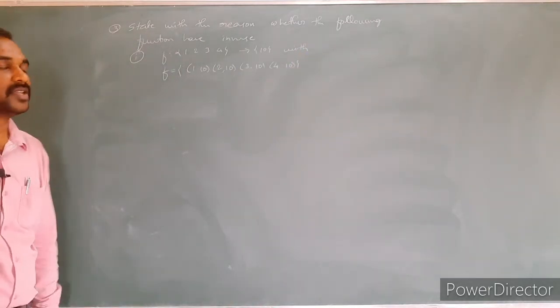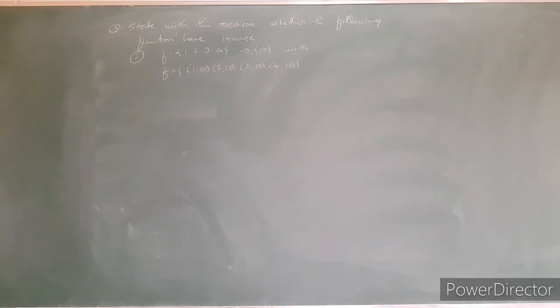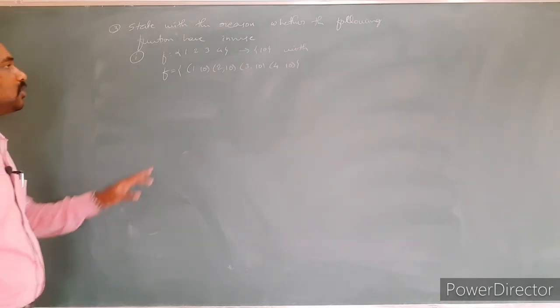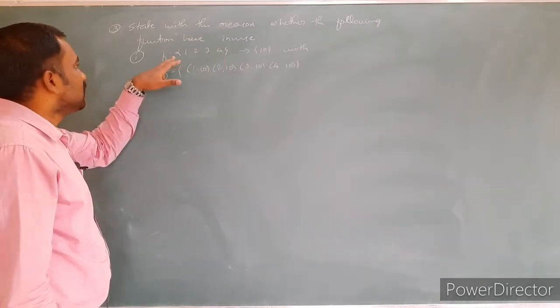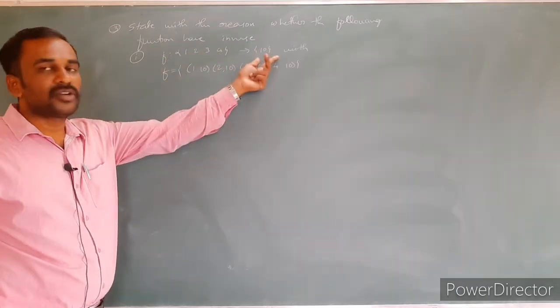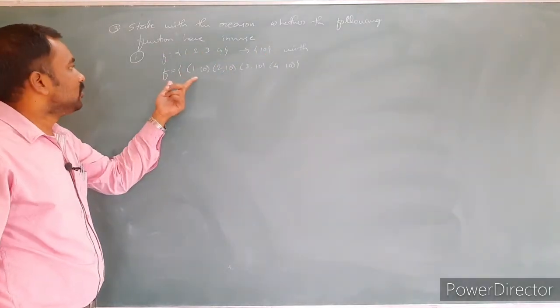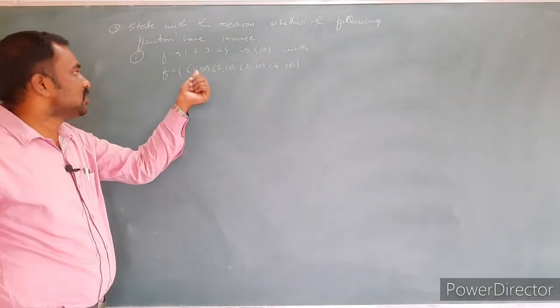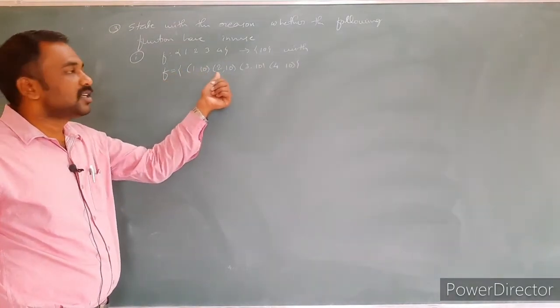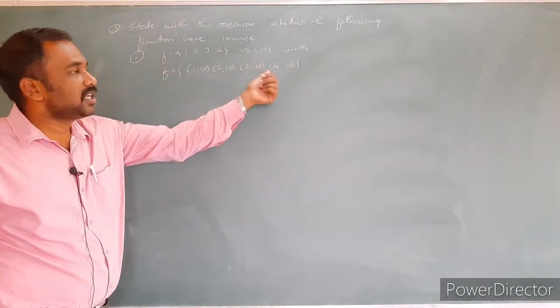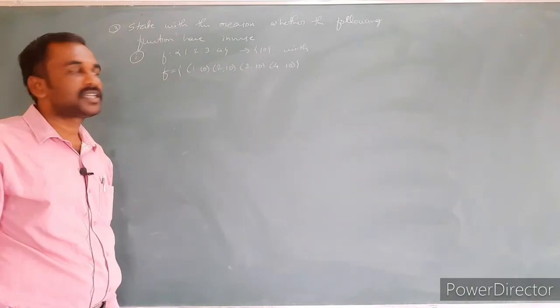The domain set is this one, the codomain set is {10}. The function is defined: the image of 1 under the function f is 10, the image of 2, 3, and 4 under the function f is 10.